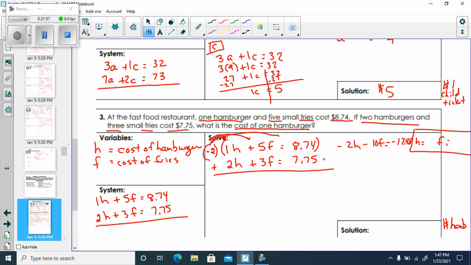Now, let's add our bottom line. 2h plus 3f equals 7.75. Negative 2h plus 2h gives me 0. I've eliminated h. Negative 10f plus 3f gives me negative 7f.